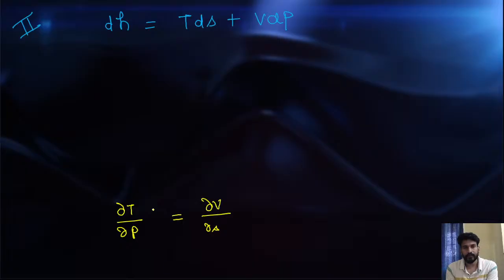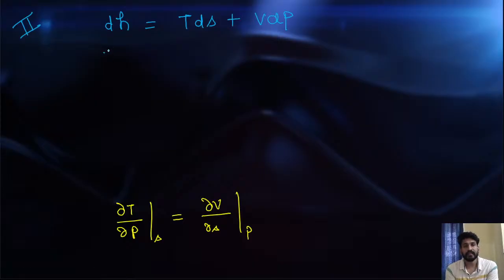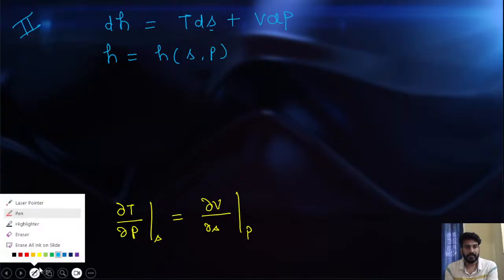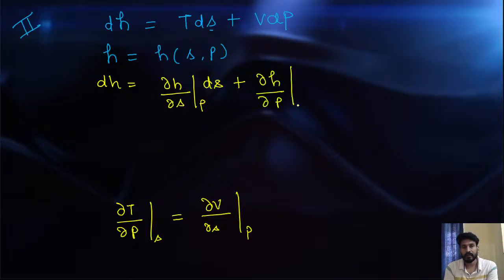Keeping pressure, going vertical, then it is positive. H is a function of entropy and pressure, and we can write dH as del H over del S keeping pressure constant times dS plus del H over del P keeping entropy constant times dP.